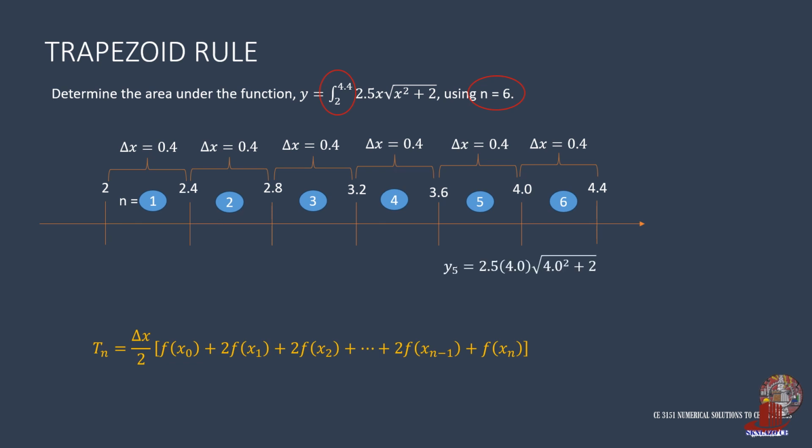Solve for the height as 2.5 by 4 multiplied by the root of 4 squared plus 2, which gives 30 root of 2. The last height uses 4.4. Y sub 6 is then 2.5 times 4.4 by the root of 4.4 squared plus 2, and this results to 11/5 of the root of 534.